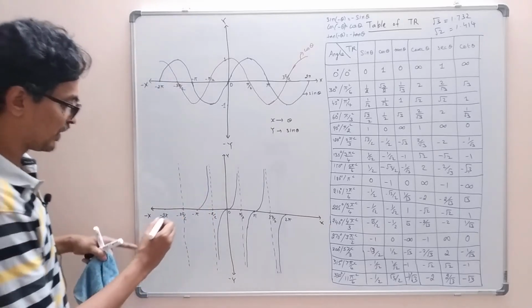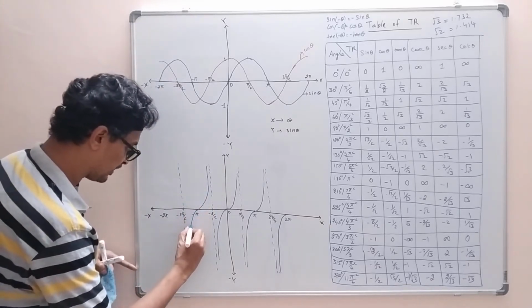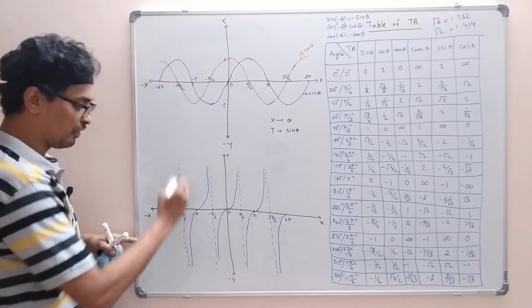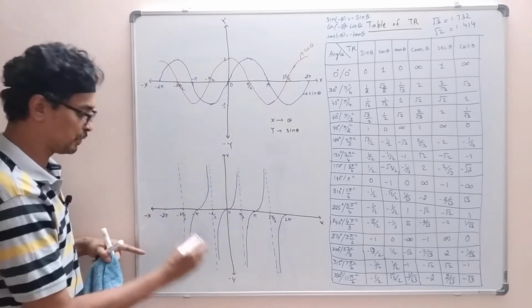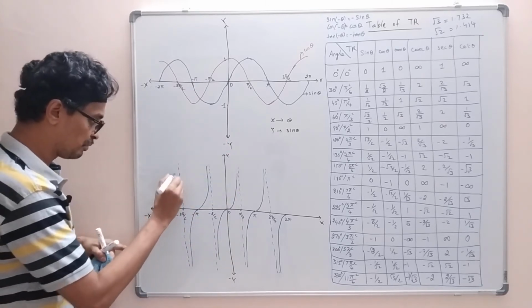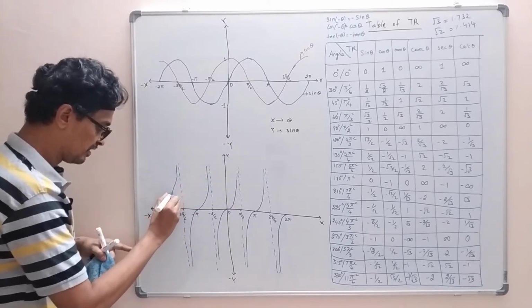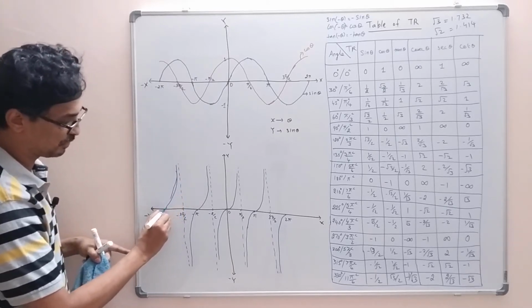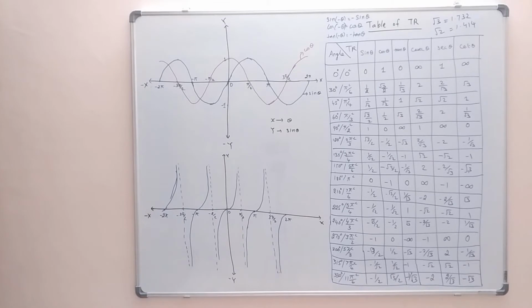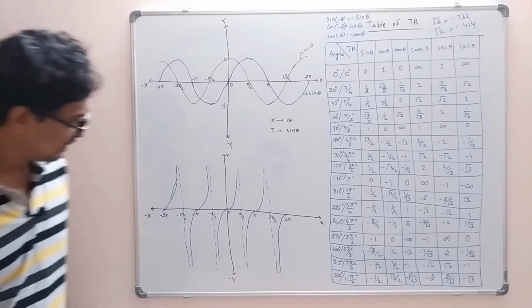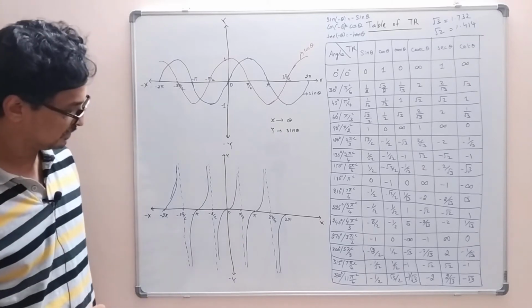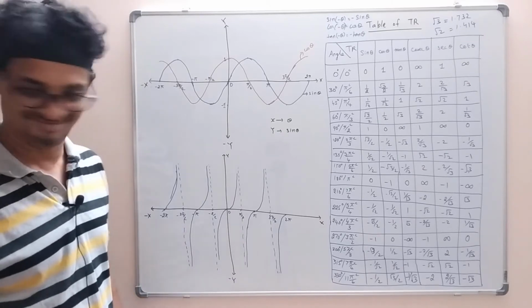Similarly this will go like this, and it always makes an infinity jump. So this is how the tan function looks. This is the graphical representation of the tan function. It looks good, right?